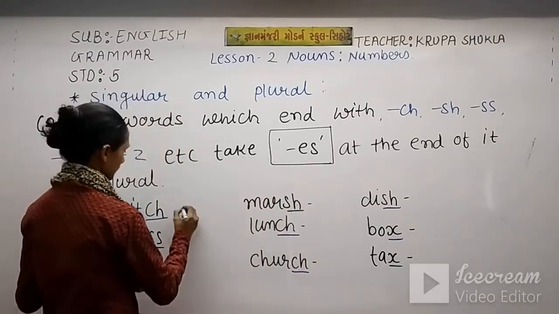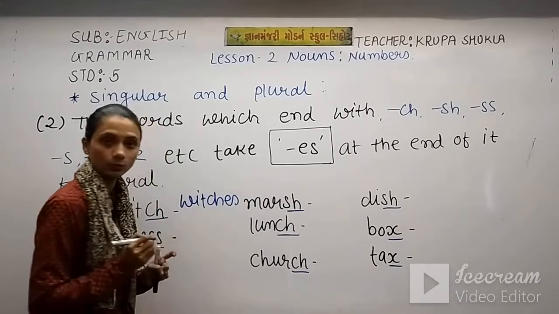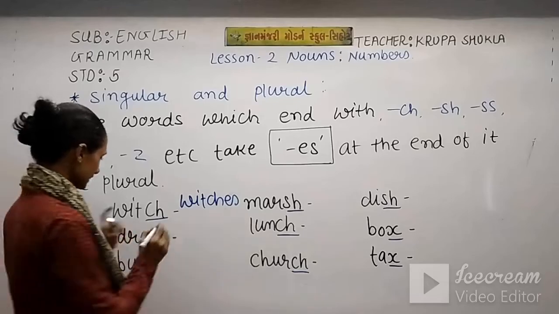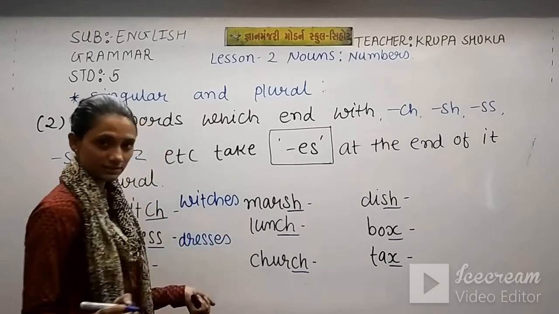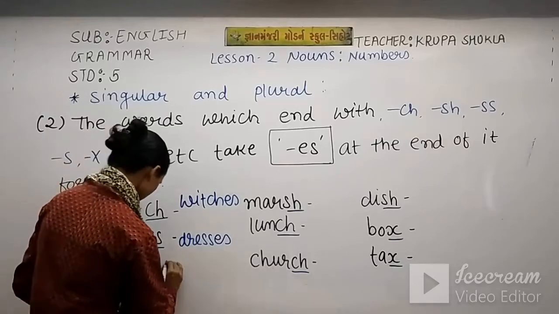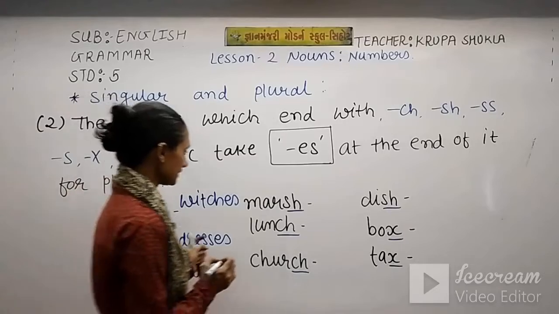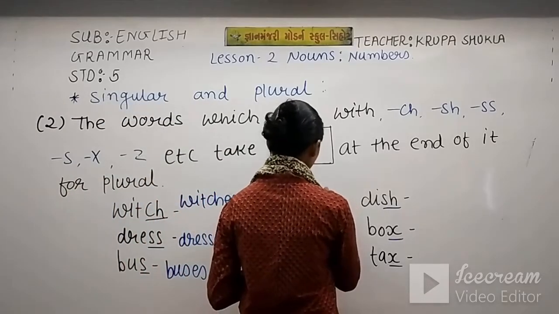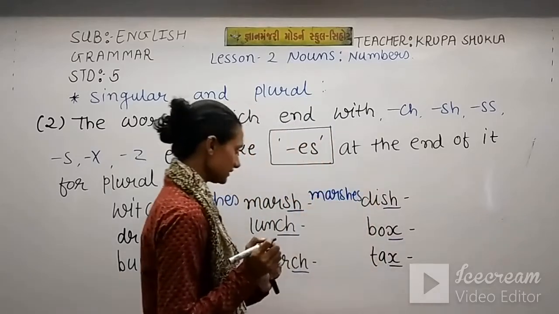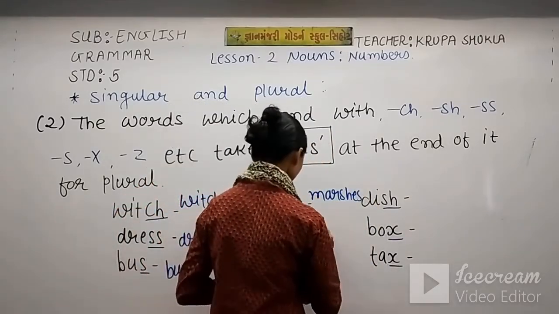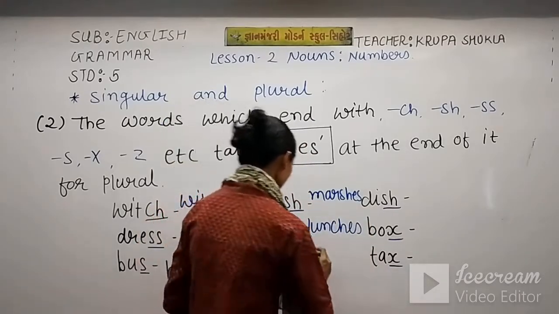So let's do that. So the plural form of witch, we have added es here. The plural form of dress is already added here. The plural form of bus is buses. The plural form of march is marches. Here churches.